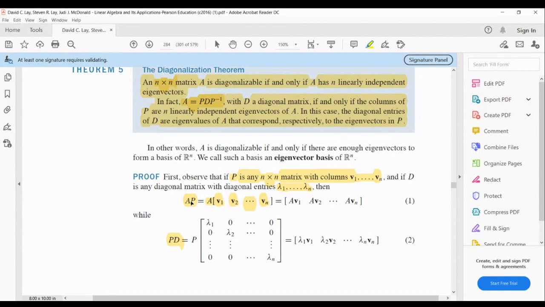If AP equals PD, then what's A times V1 have to equal?